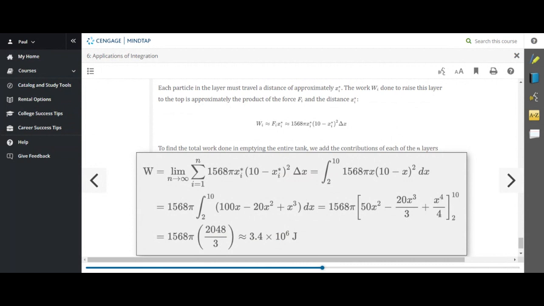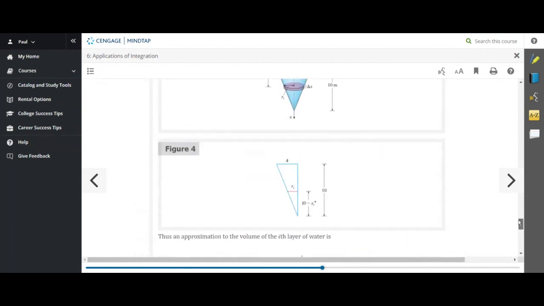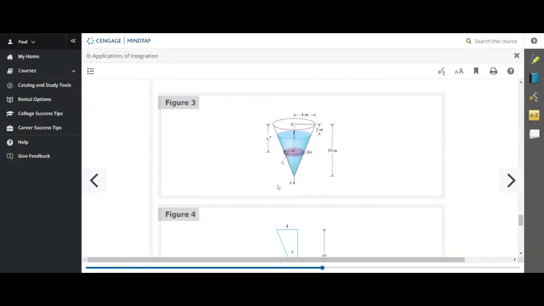So let's go back to the picture here and look at that real quick. Why do the limits go from 2 to 10? Well, the topmost layer of water is how far from the top of the tank?